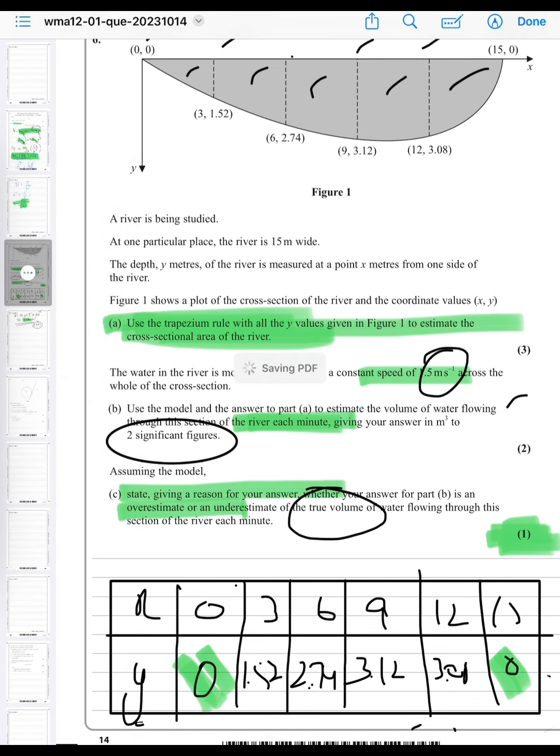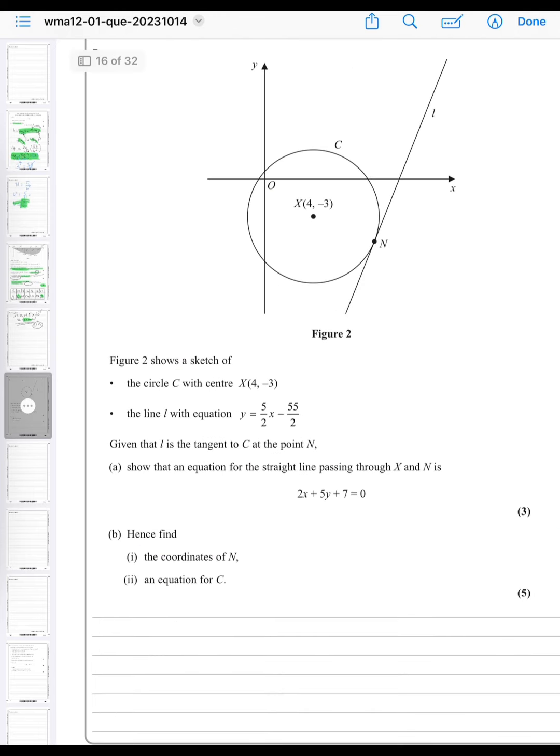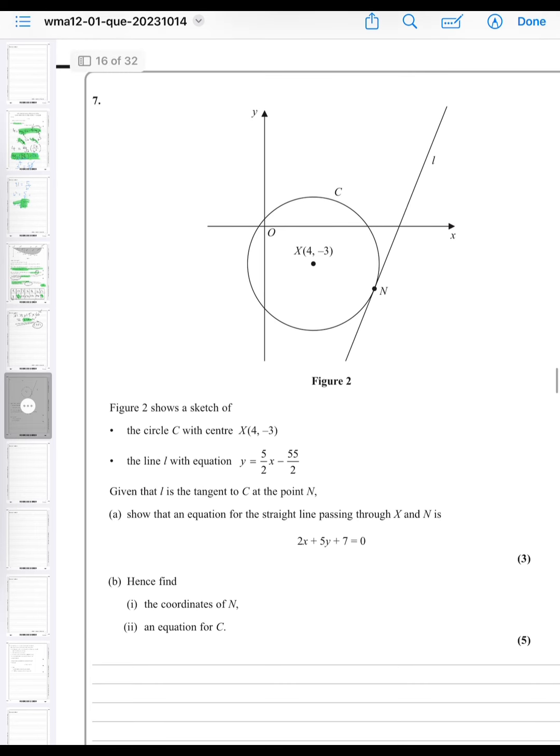Now moving towards the next one, the next question. Now this is from the circle theorem.